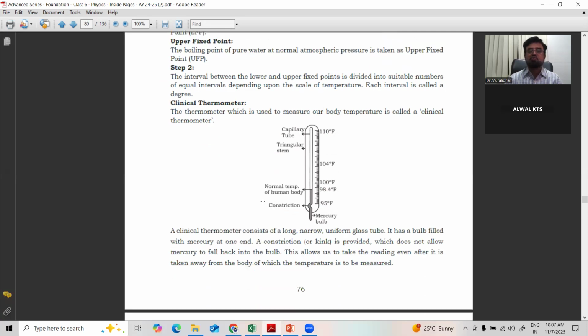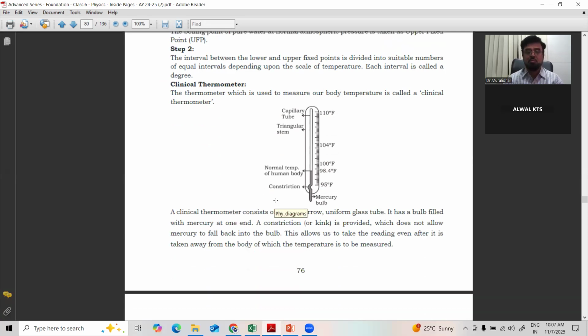The first type of thermometer we have seen is the clinical thermometer, which is generally used to measure human body temperature, that is for adults. For children and for animals, other thermometers are there. Different thermometers are used for different purposes.